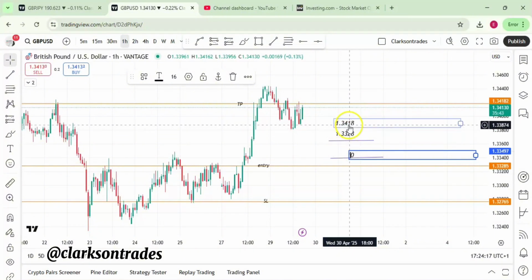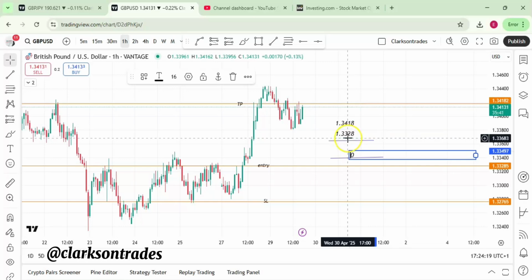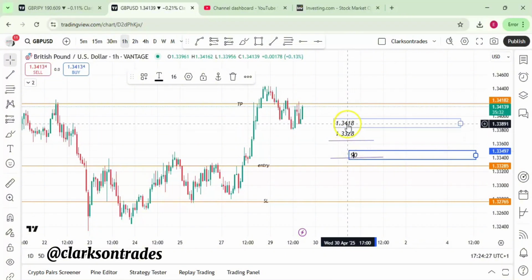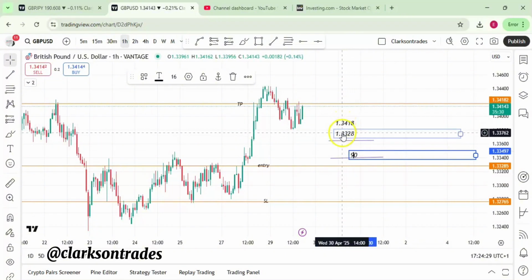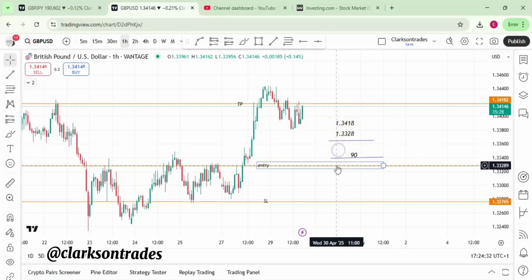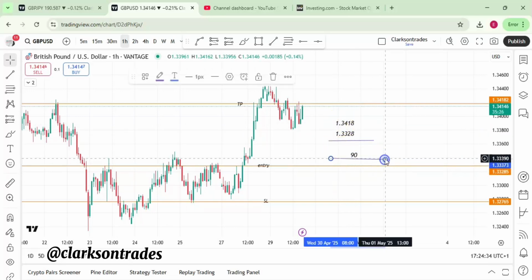It's going to be 11. 11 minus 2 is 9. We are left with 3 here. 3 minus 3 is 0. 3 minus 3 is 0. 1 minus 1, 0. So the market has moved 90 pips.